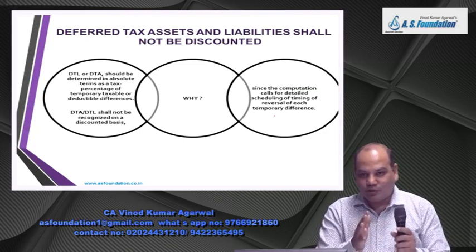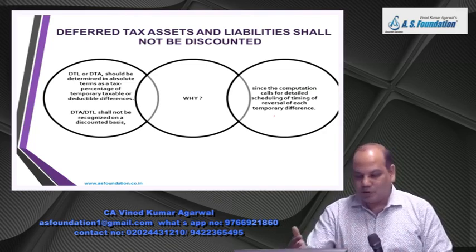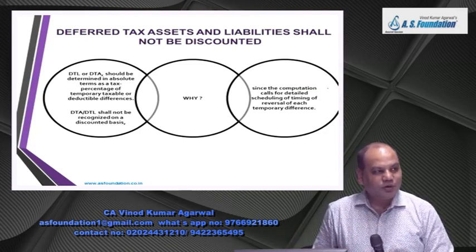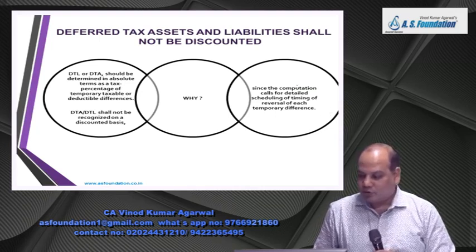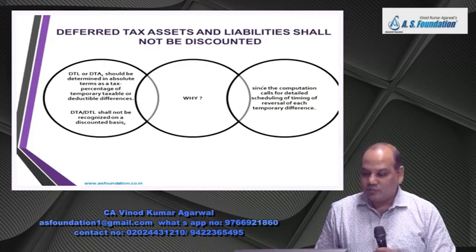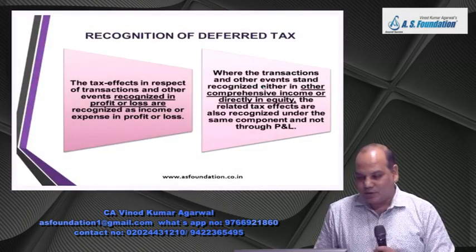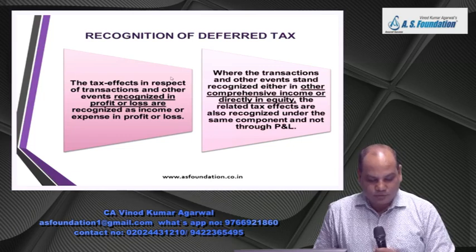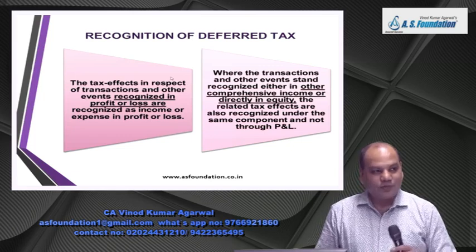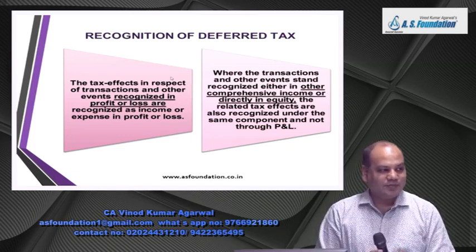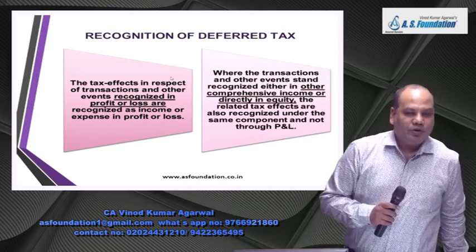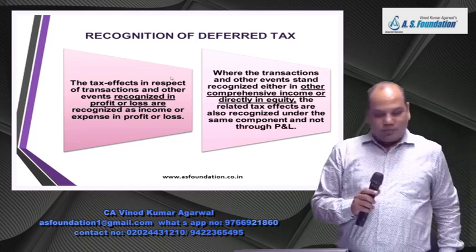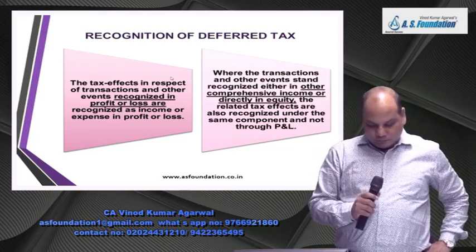It is very difficult to make a proper projection of how the difference will actually reverse. Is it right? So therefore the standard says ignore the discounting for this chapter. So this is one rare exception in our entire IFRS system where discounting is not allowed, even though there may be a time value of money impact.